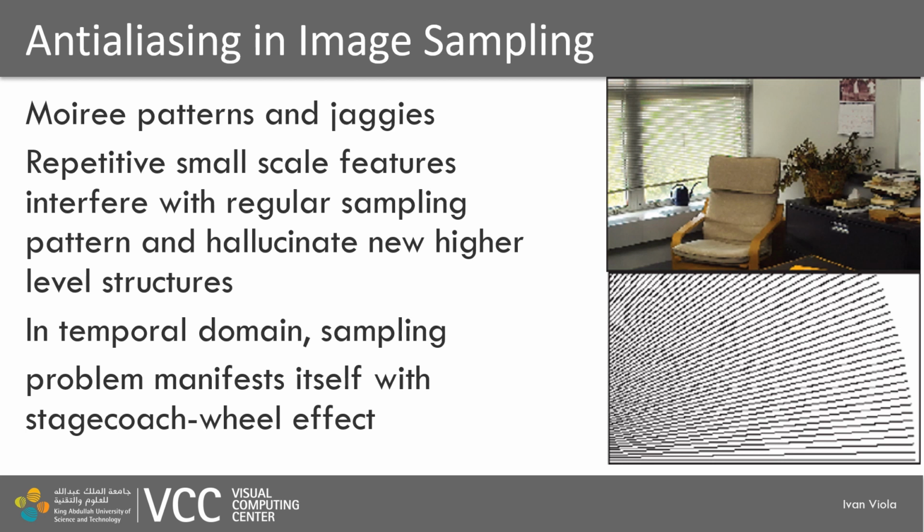We can have various edgy representations. We can have various representations of moire patterns, or in the temporal domain, we can have, for example, this stagecoach wheel effect. You can see in our scene here that we have various problems appearing.